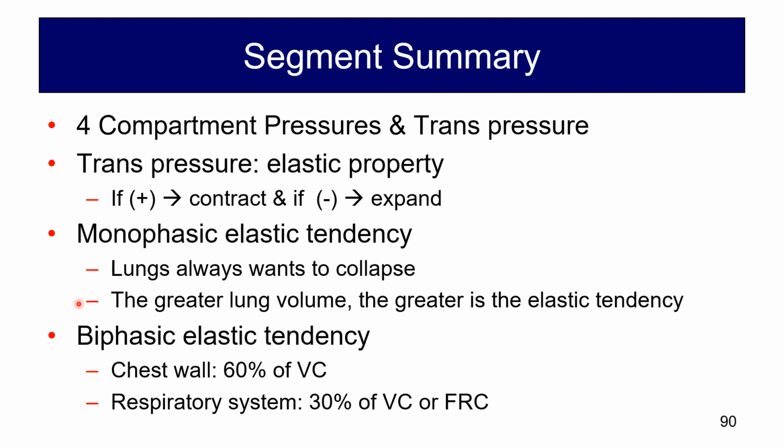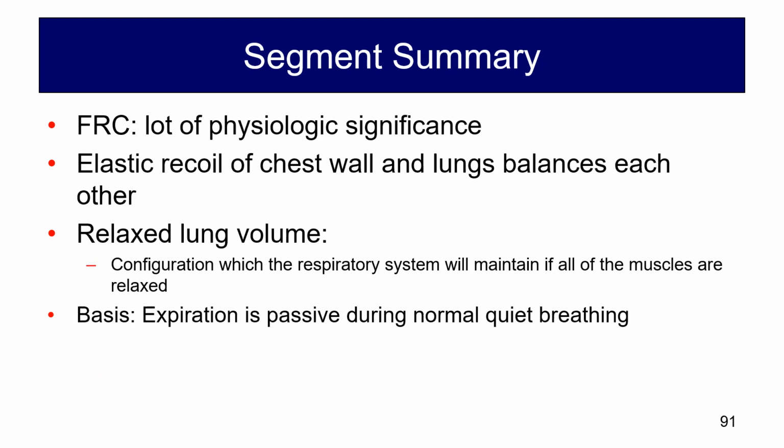The greater the lung volume, the greater is the elastic tendency. A biphasic elastic tendency is seen in both the chest wall and the respiratory system. The inflection point for the chest wall is 60% of the vital capacity, while that for the respiratory system is 30% of the vital capacity, or at FRC.